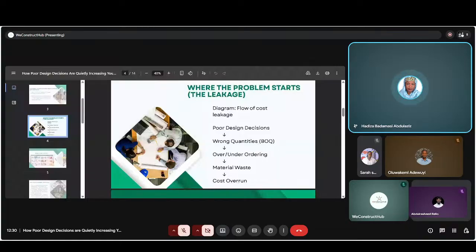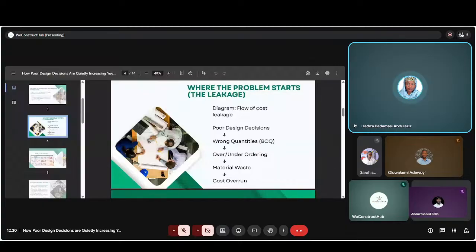Incomplete, unclear, unrealistic design creates the foundation for errors. If I say unrealistic, please don't just go and see a design in Dubai and think you want to bring it to Nigeria. My dear brothers and sisters, at the end of the day, it might not work. Let me give you a scenario.